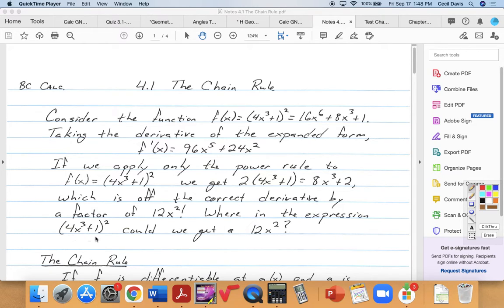Where in this expression could we get 12x squared? Yeah, it's the derivative of 4x cubed plus 1. The derivative with respect to x of 4x cubed plus 1 is equal to 12x squared.